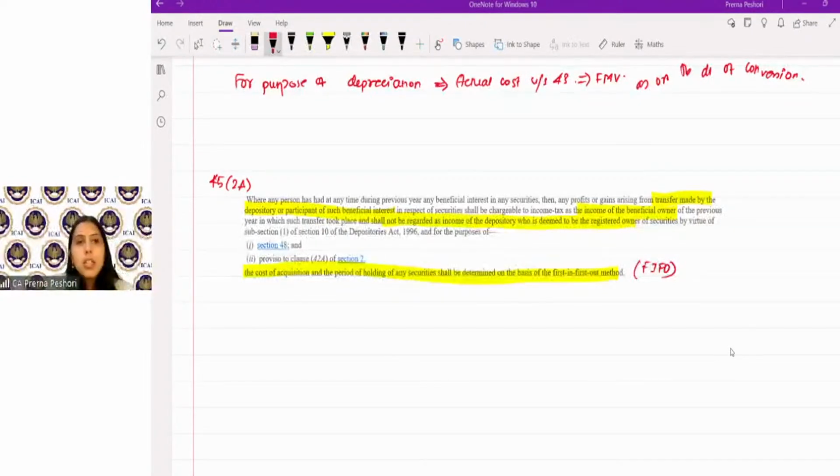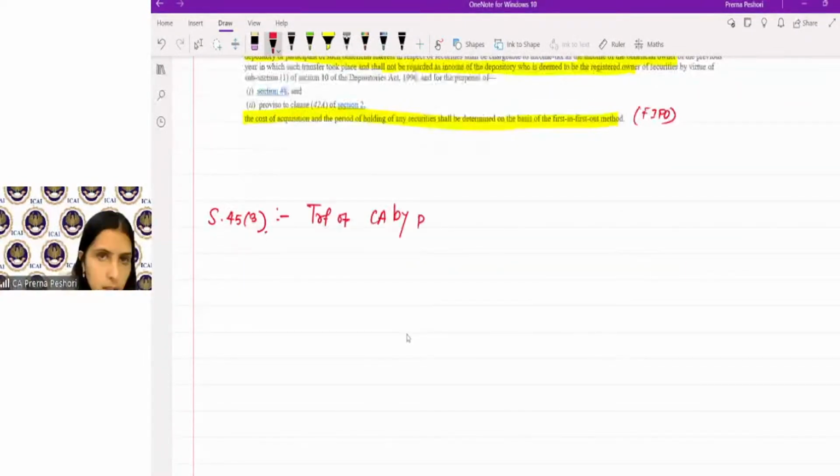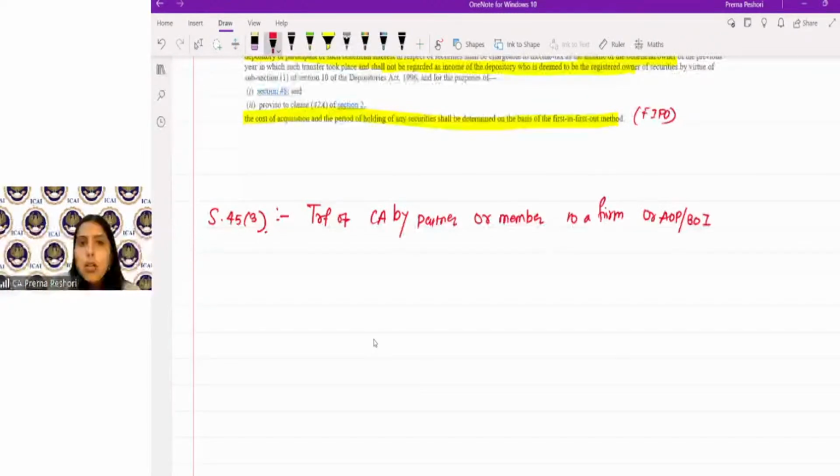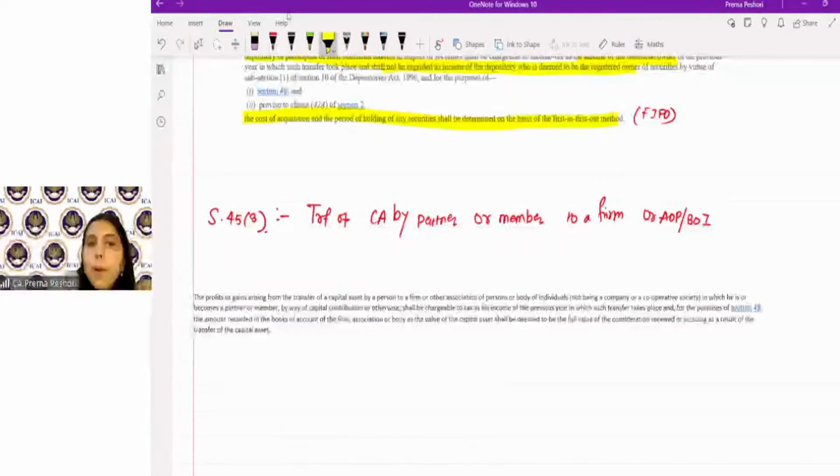Next is 3. By a partner or member to a firm. 45(3) provides that when there is any interest by a person recorded in the books of accounts of the firm, AOP or BOI, the value of the capital asset recorded shall be deemed to be the full value of consideration received.